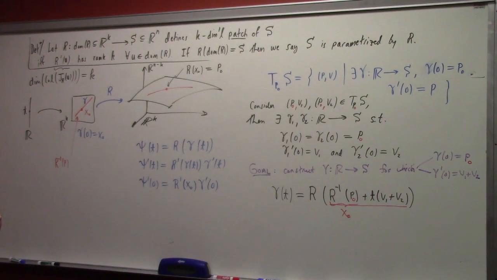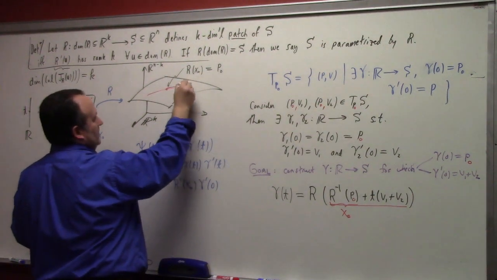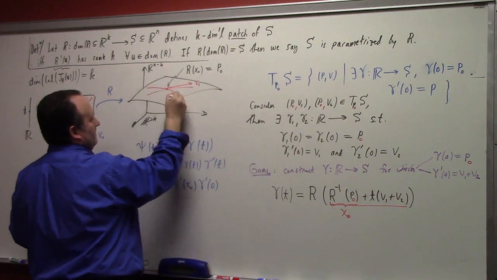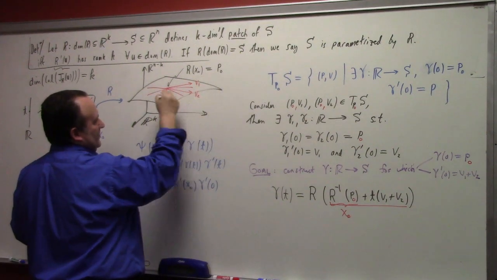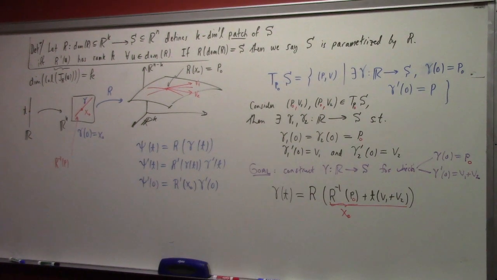They're in Rn. They're up here. They're n-dimensional vectors, so I can't quite do that.